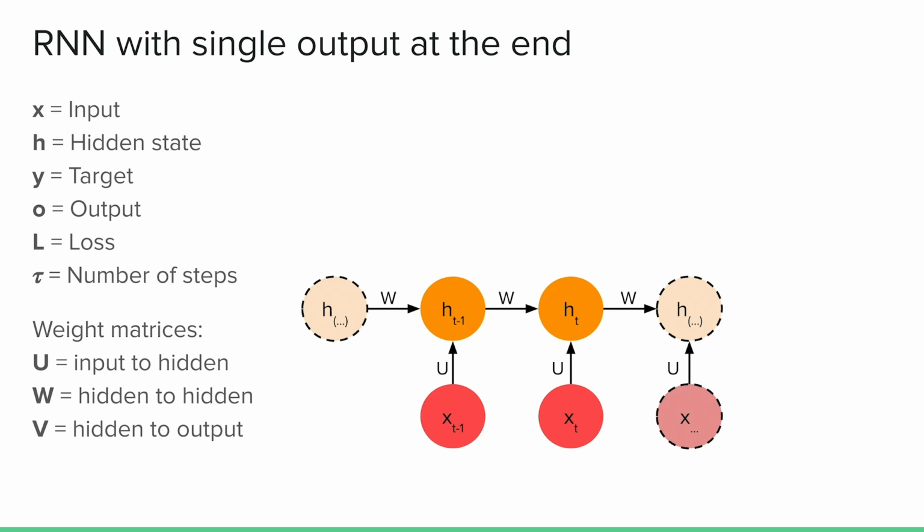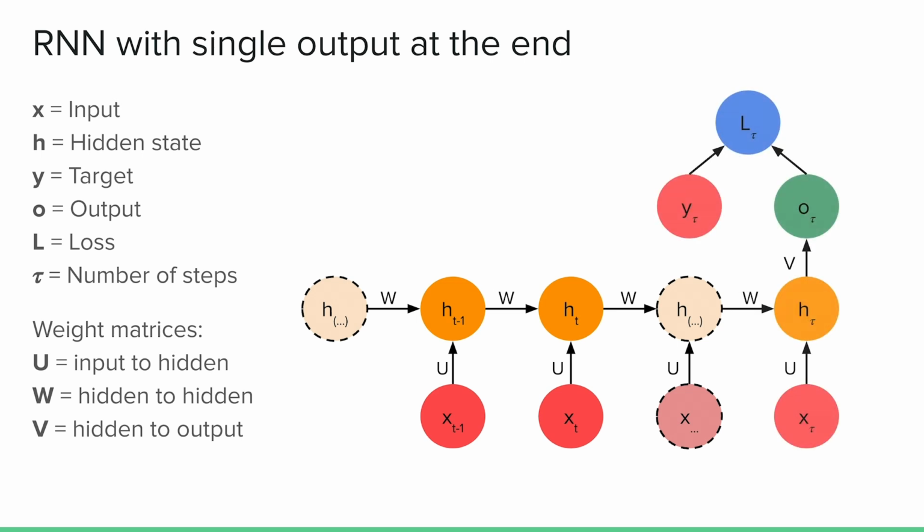Let's clear up the terminology here. X would be our input, and that input is a sequence, so at each time step we process the next sample. We have our hidden state H, we have our target Y that we want to predict, and our actual output that comes as the last step, and a few other things. The steps here end up with a number of recursions that we allow the network to make.